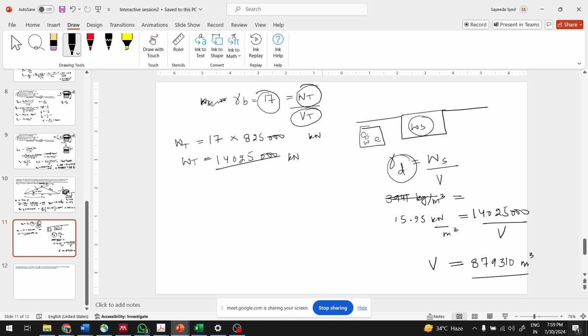So yeah, this should be our value of the total volume required from the borrow pit.